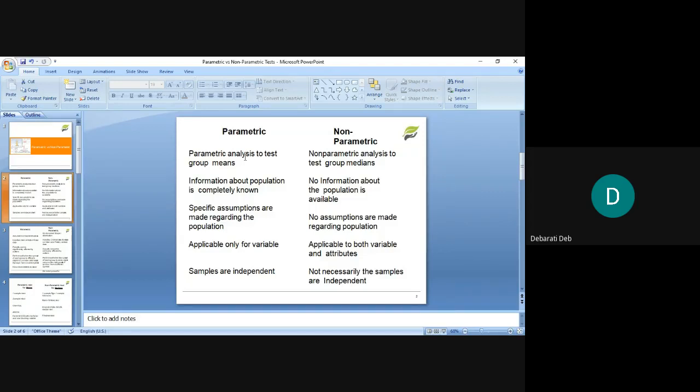That means, suppose you have selected the area as the entire North Bengal, and you want to know the number of people who have small farms in their house.